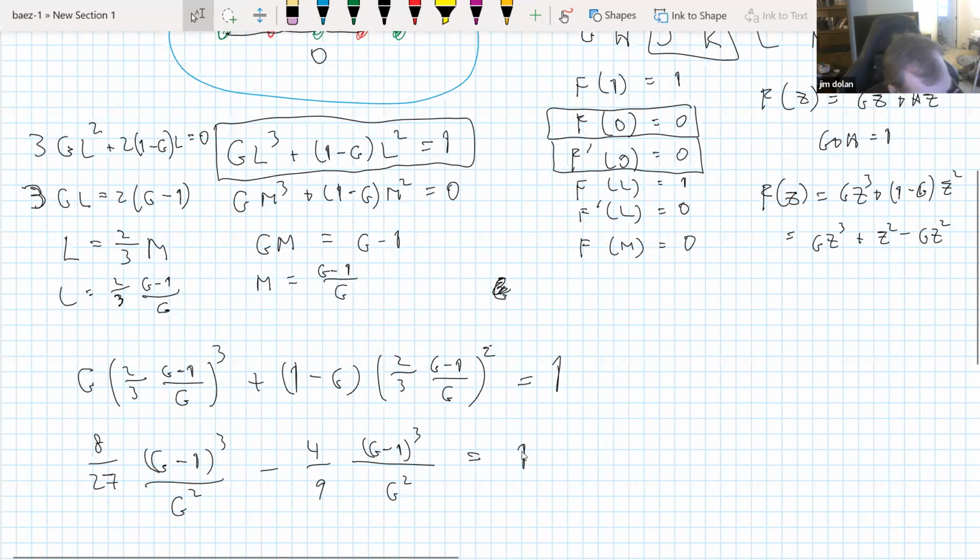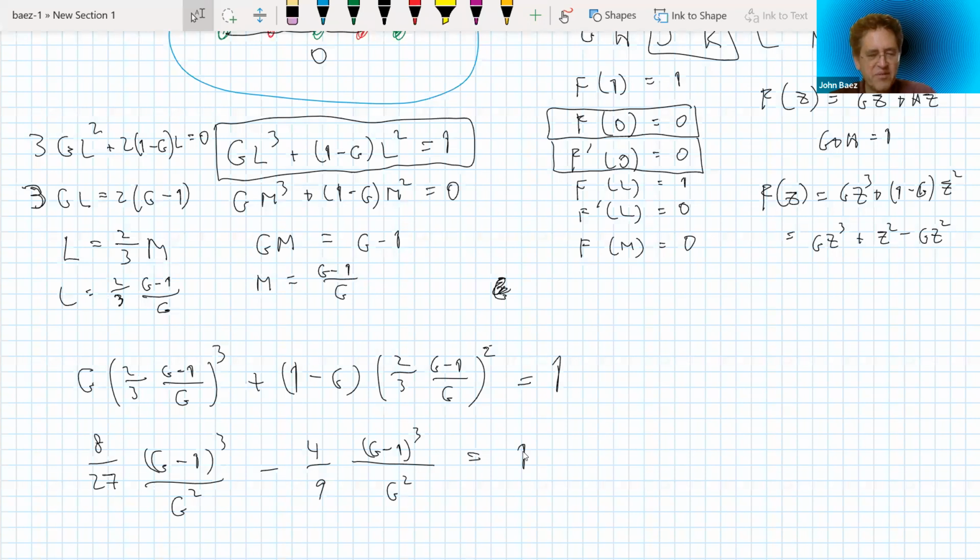So that's sort of nice, just because those disgusting quantities involving G are the same. So I just need to know what 8/27 minus 4/9 is. 8/27 minus 12/27.